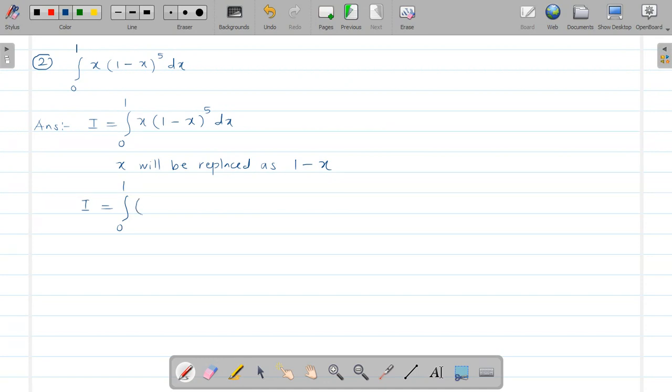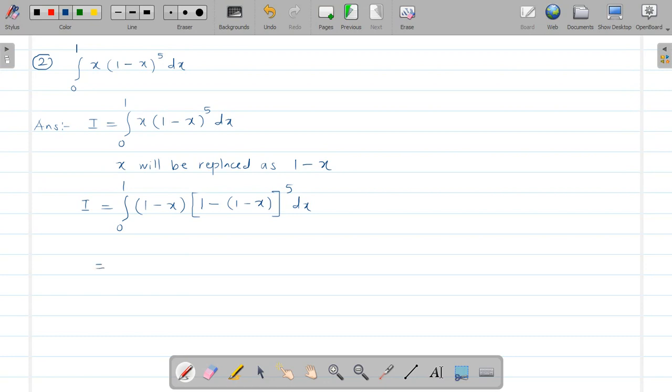Now x is replaced as 1 minus x. So here I will write 1 minus x. Now in bracket this is 1 minus, in place of x I have to write 1 minus x, raised to 5. Bracket raised to 5 dx.